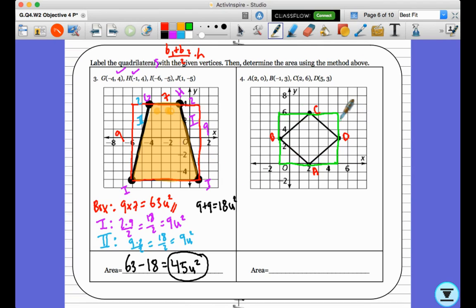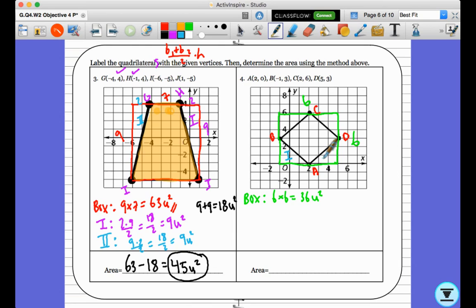Okay, so let's see. 1, 2, 3, 4, 5, 6. This is 1, 2, 3, 4, 5. Oh, 6 and 6. That's a square. So that box is 6 times 6, so it's 36 units squared.